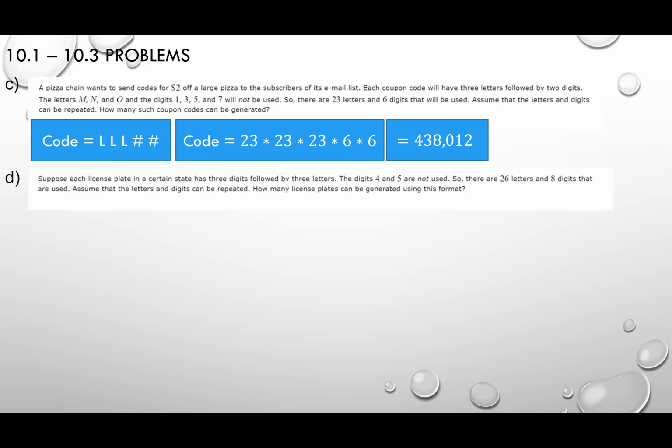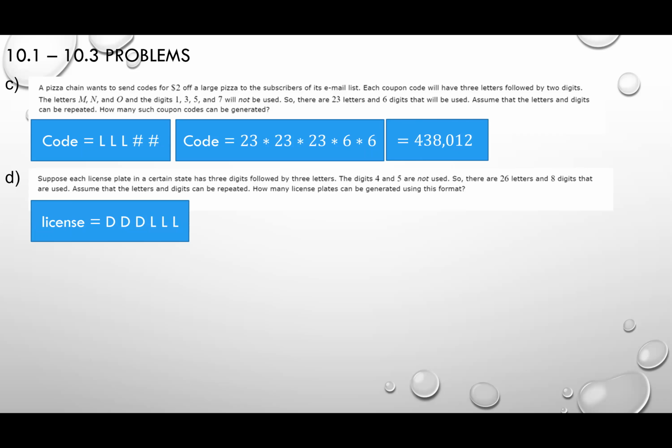To attack this problem, you have to ask yourself, how do I come up with one license plate? To come up with the license plate, do you agree that I need the digits, DDD, and the letters, L, right? I have 3 digits followed by 3 letters.